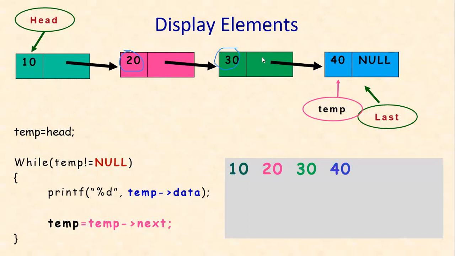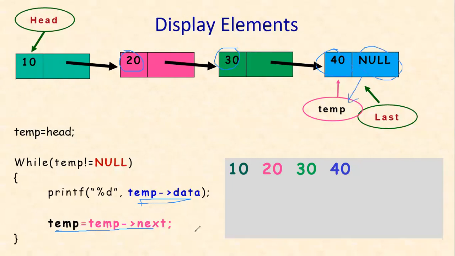40. Okay, and now temp is pointing here, and after displaying 40, that is temp data, I am going to write temp is equal to temp next. If I write that, temp next is null, so null will be assigned to temp now.